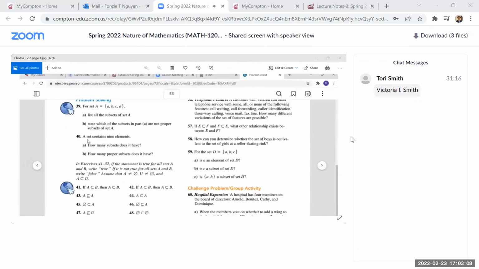Let's look at number 40. A set contains 9 elements. How many subsets does it have? And then how many proper subsets does it have? So see if you guys can figure that one out.